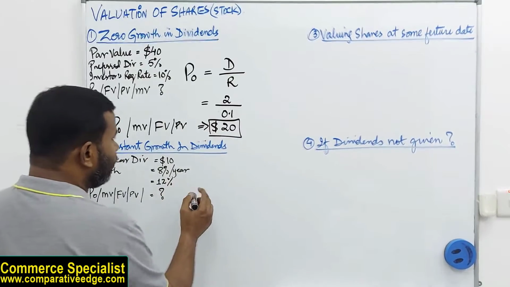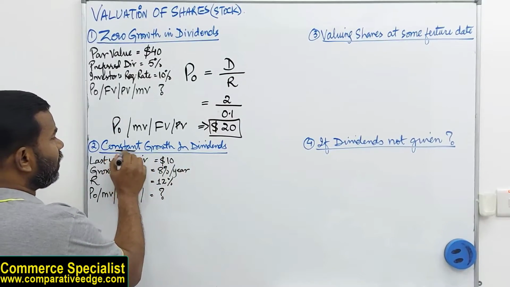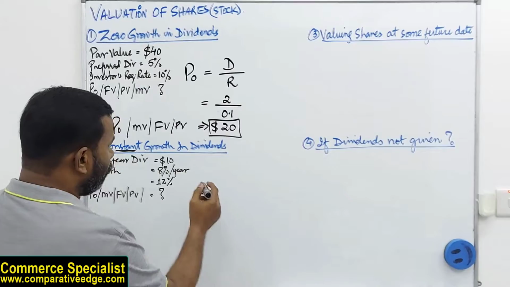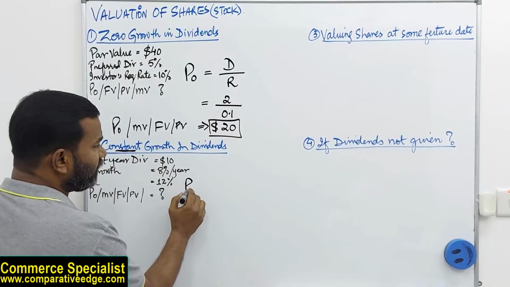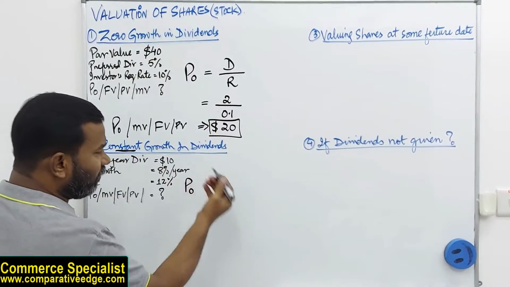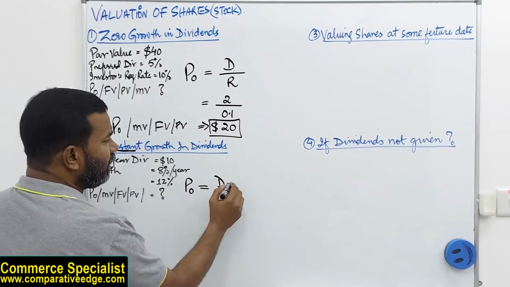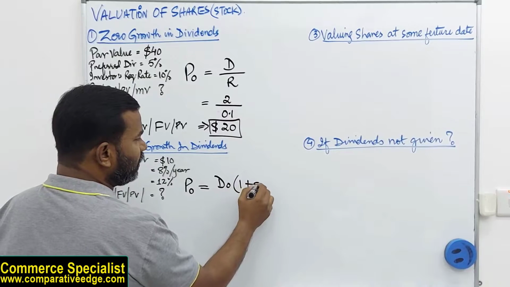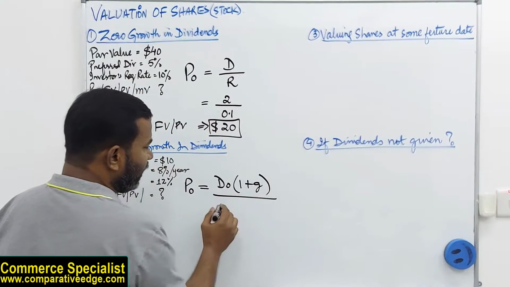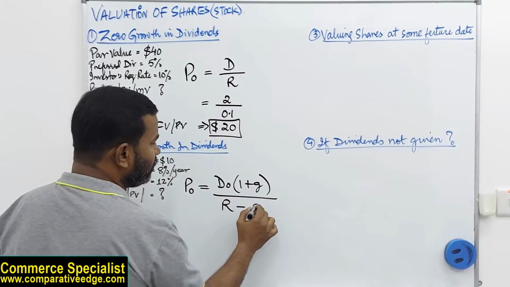In this scenario, when the dividend is constantly growing every year, we use this formula. Present value of share, which is P naught or fair value of share, is equal to D naught times (1 plus g), divided by (r minus g).